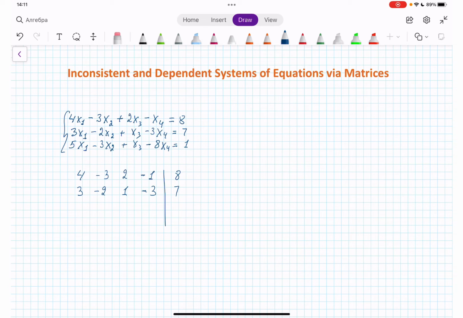If, let's say, in one of them x2 were missing, I wouldn't move x3 ahead. For example, in the second equation, if we had 3x1 plus x3 minus 3x4, then instead of this negative 2, I would put 0.